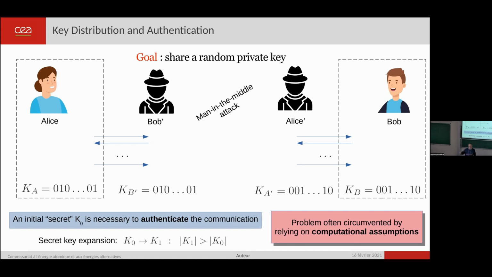Mostly they rely on one-way functions, which are functions that are easy to compute but believed to be hard to invert. One example is factoring numbers: it's easy to take the product of two numbers, but finding the initial factors is believed to be a hard problem. This is what is used today to create security in communication.